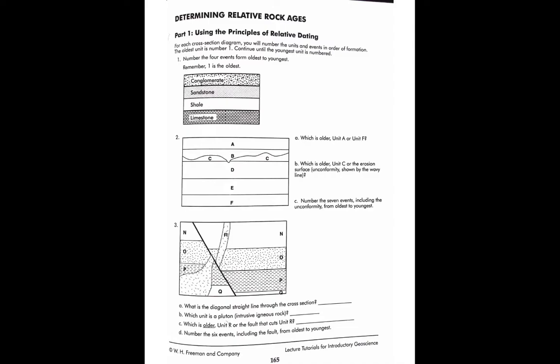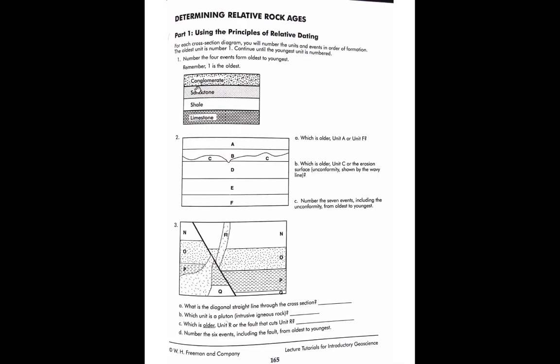I also go into a few specific principles that are going to help you with this lab. There's the principle of original horizontality, which is effectively saying that rocks like sedimentary rocks originally form horizontally, meaning they're flat.